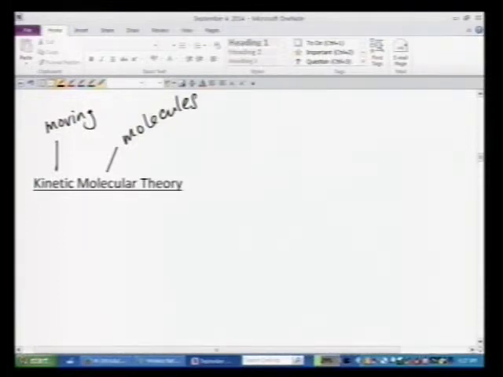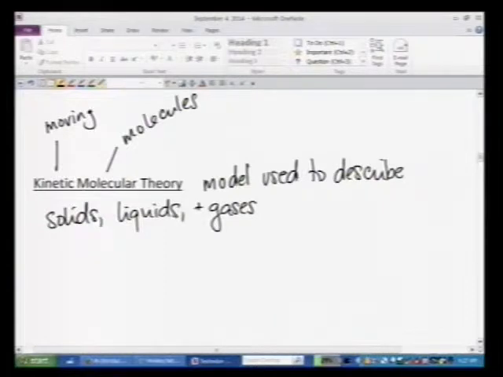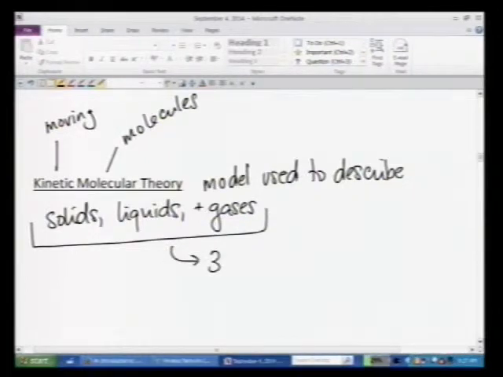So the kinetic molecular theory is a model used to describe solids, liquids, and gases, which are your three physical states of matter.